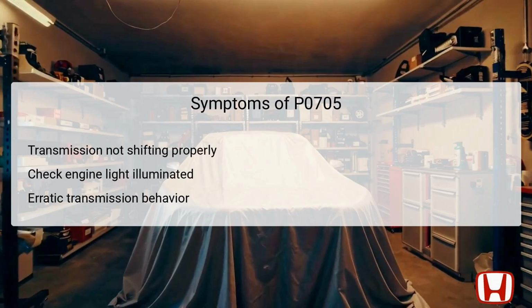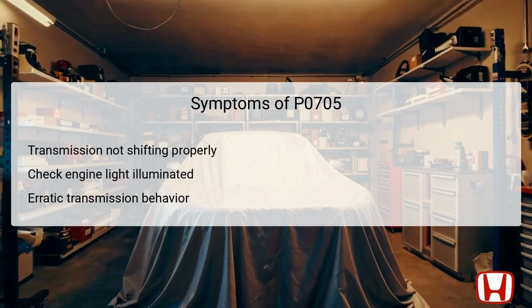functionality. Common symptoms associated with DTC P0705 include incorrect transmission shifting behavior. The vehicle may struggle to shift gears, or the gears may not engage at all, leading to erratic driving experiences.